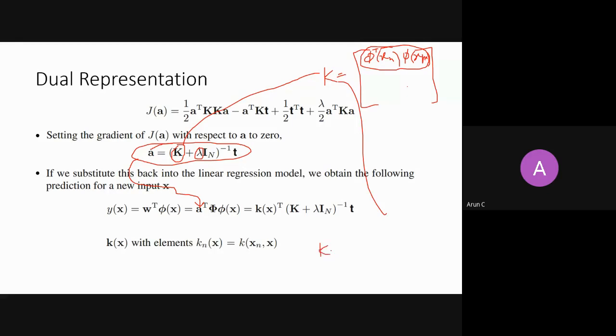So the entry mn can be written like this: e to the power of minus the norm of xn minus xm, whole square, upon 2 sigma squared.